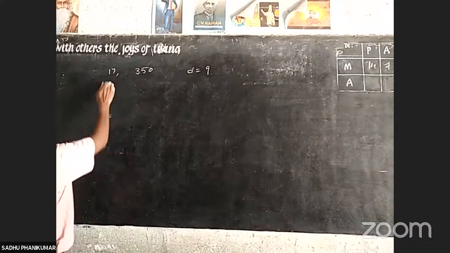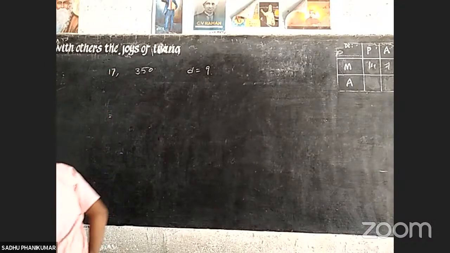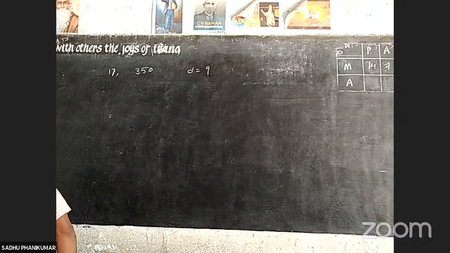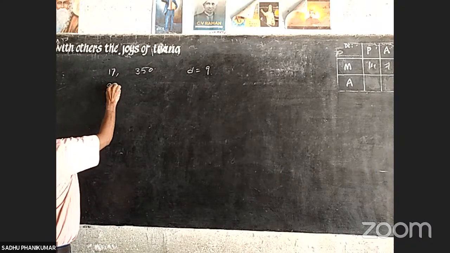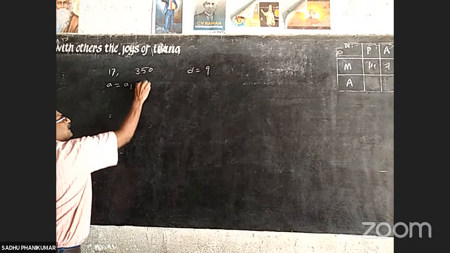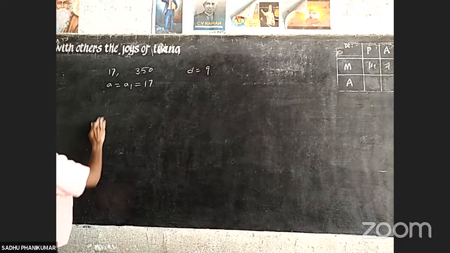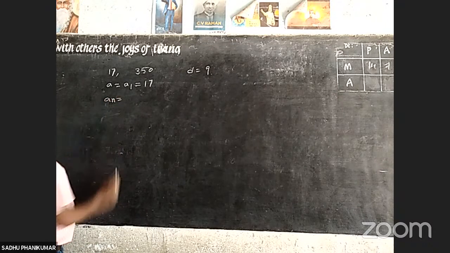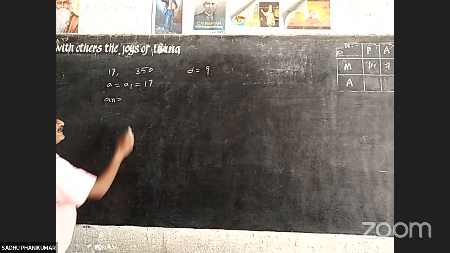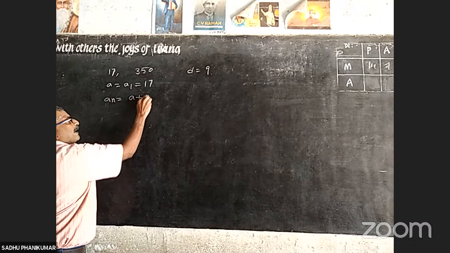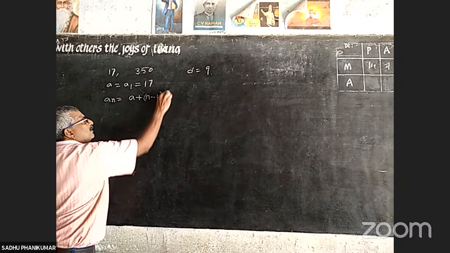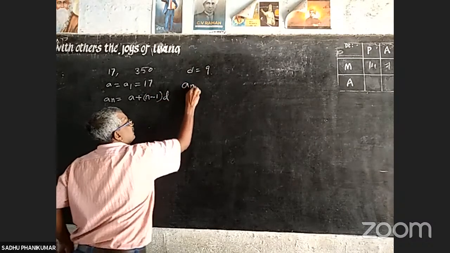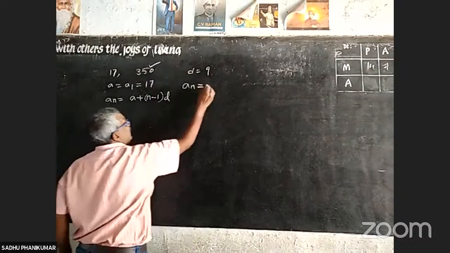Given the first term, a is equal to a1 is equal to 17. What is the last term? An is given. An is equal to a plus n minus 1 into d. An is equal to 350.